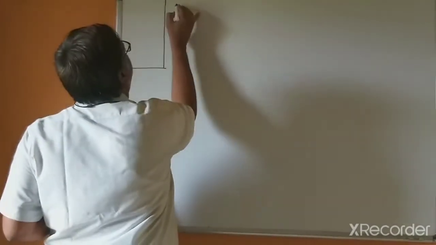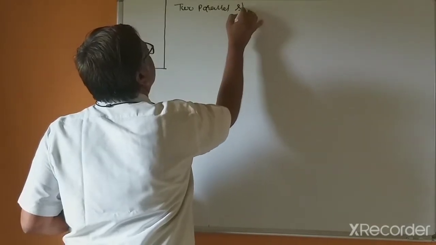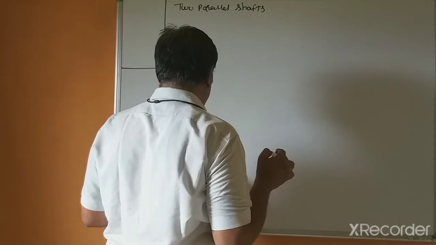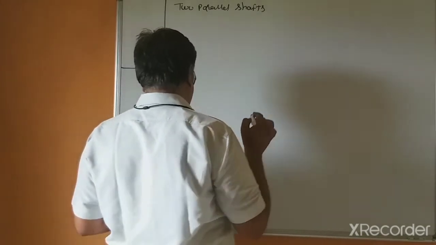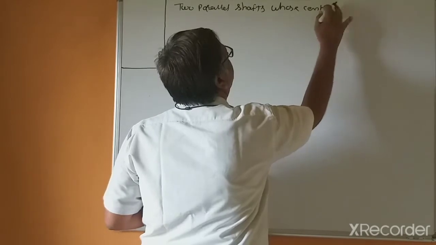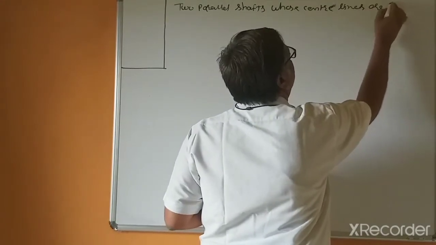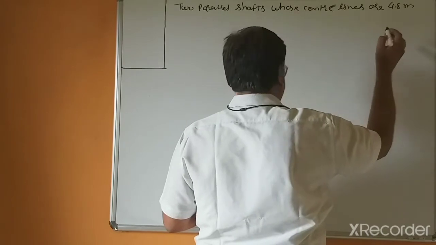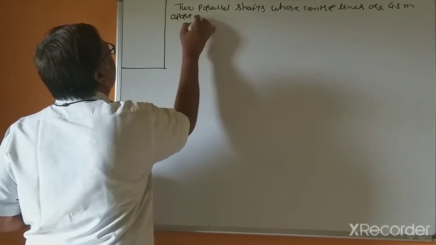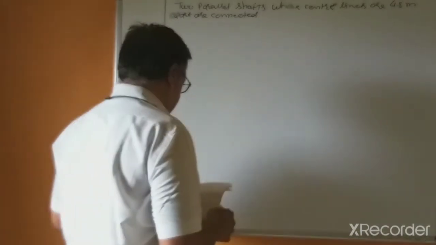Two parallel shafts whose center line are 4.8 meter apart are connected by an open belt drive.